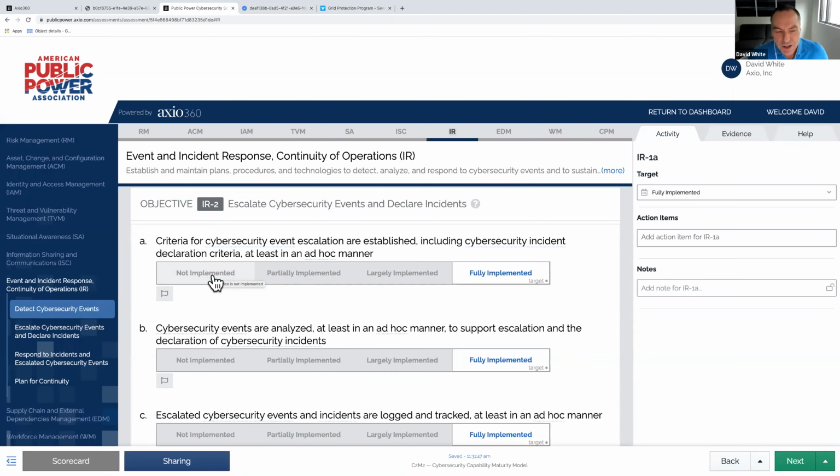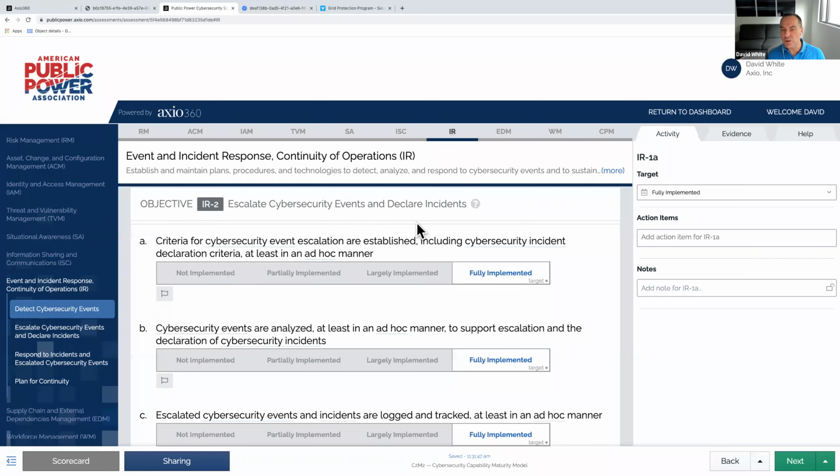I've been in workshops where organizations have said, "Are you telling me people actually do that?" That's a really good indication that the correct answer for that is not implemented, right? And in my experience with C2M2, the not implemented is really easy to answer. Fully implemented is really easy to answer. It's debating over whether you want to say partially, we've got material gaps, or largely, we've got some gaps, but they're not material. That's the big debate that happens when you're answering these.